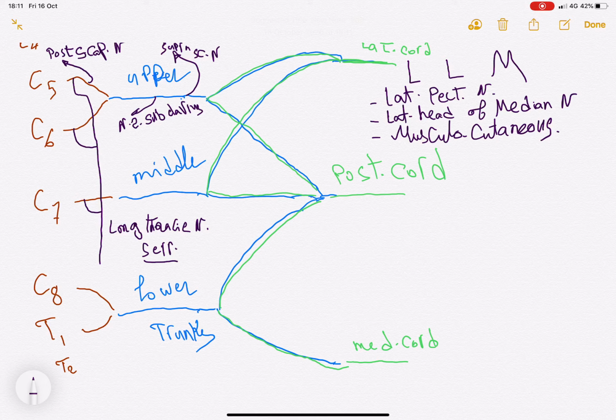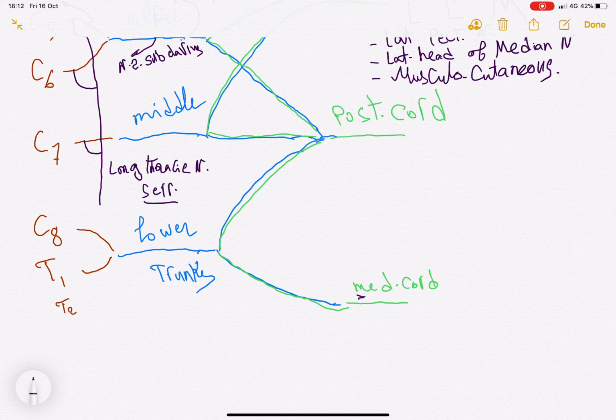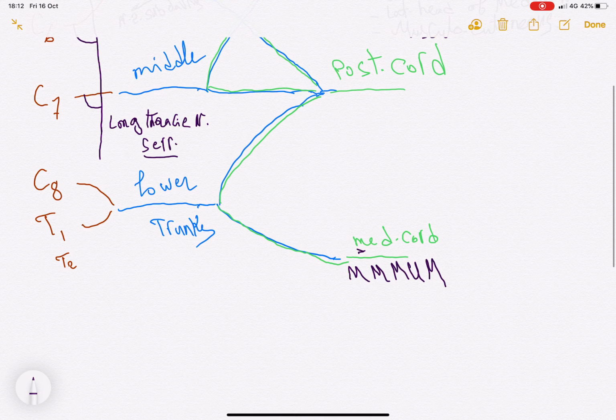We'll move to the medial cord, and since it starts with an M, then we have M, M, M, U, M, like mum. It will be the medial pectoral.